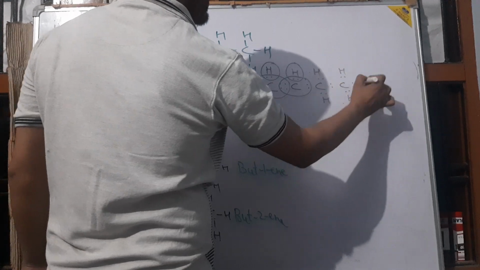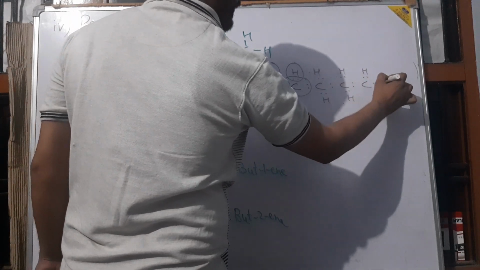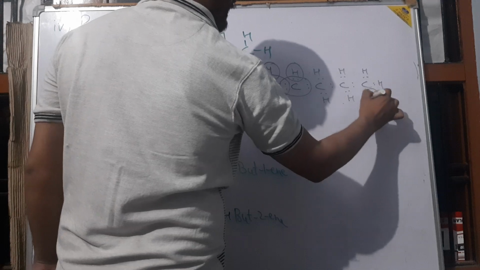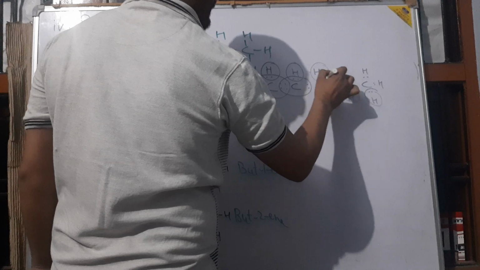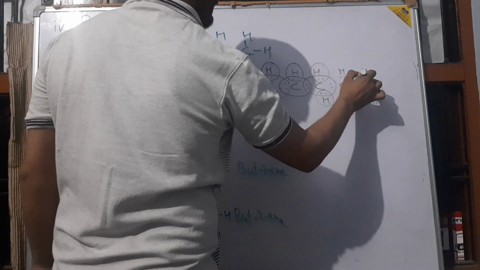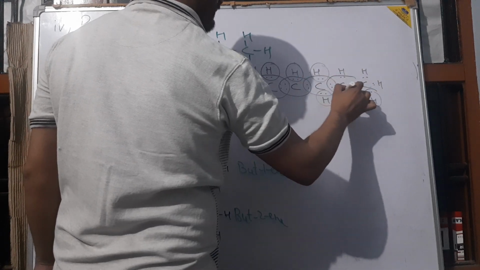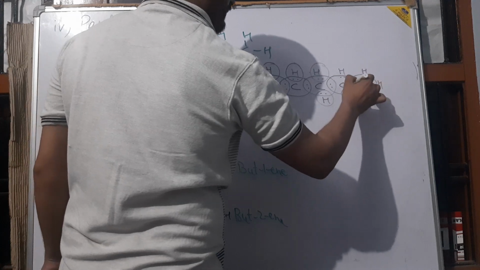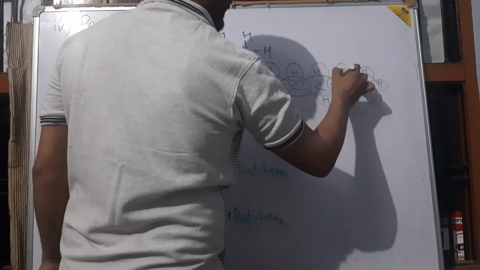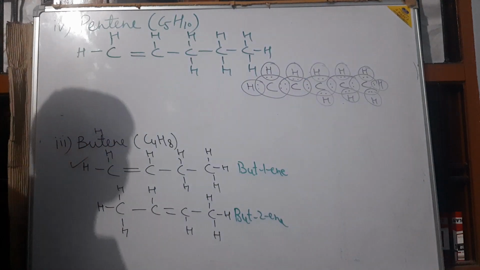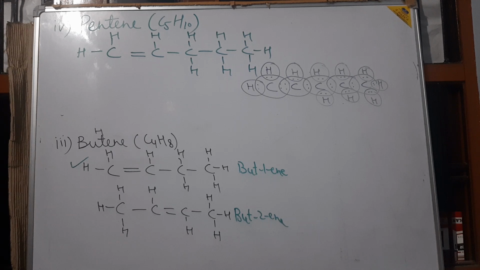Satisfy the valencies of the carbon. So we satisfy the valencies by sharing electrons between them. So this is the electron dot structure of your pentene.